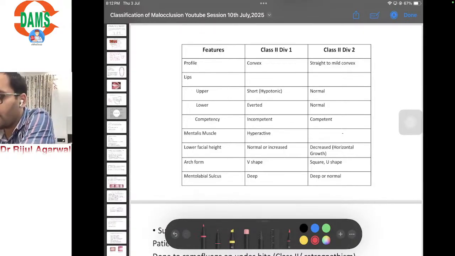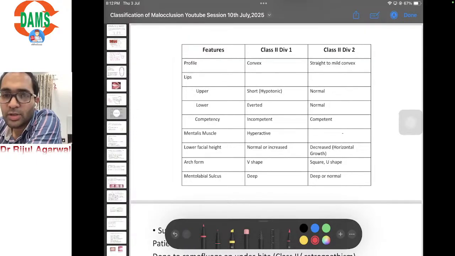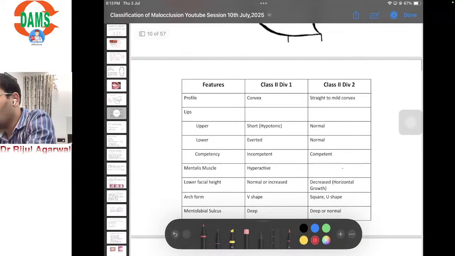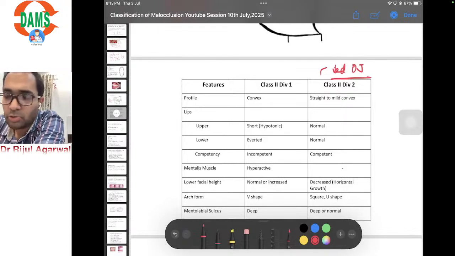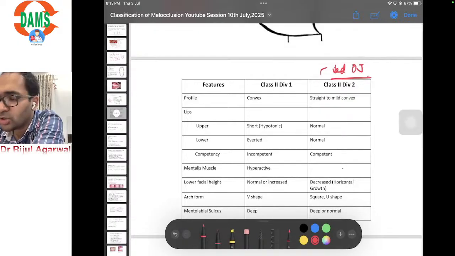Before beginning, you all know what is class 2 division 2 malocclusion, in which the upper incisors are retroclined, leading to decreased overjet. If anyone doesn't know class 2 div 2, just write, and I'll explain what class 2 div 2 and class 2 div 1 are before beginning with the differentiating features.